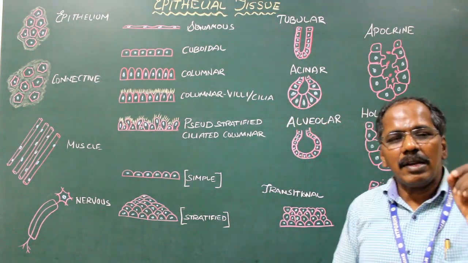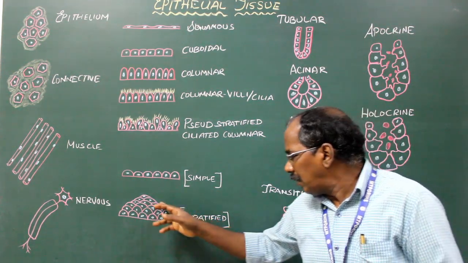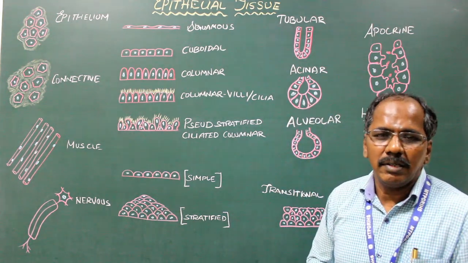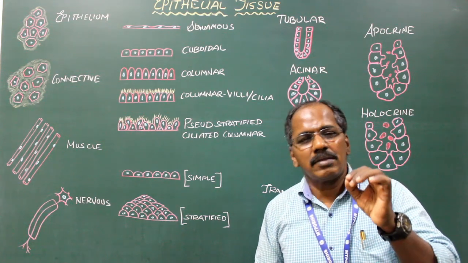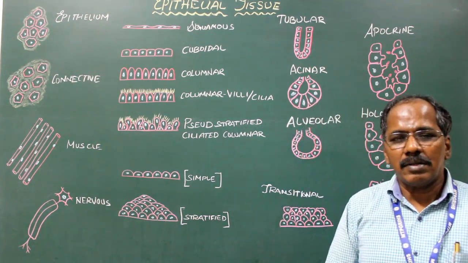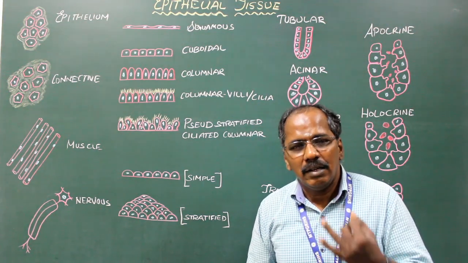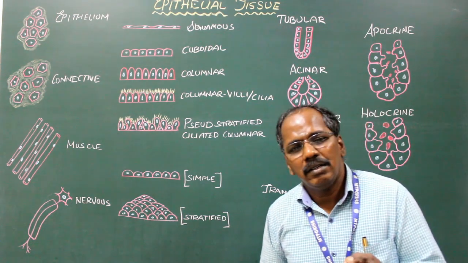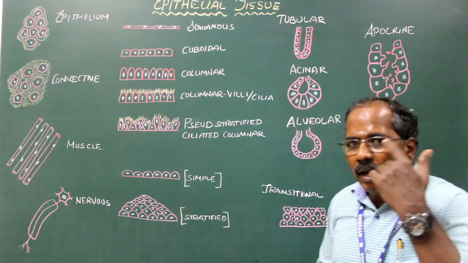Stratified squamous non-keratinized epithelium. In this type, the superficial most cells are moist, alive and non-pigmented, absence of pigment. Examples: epithelium lining the oral cavity, tongue, pharynx, esophagus, anal canal, vagina and cornea.